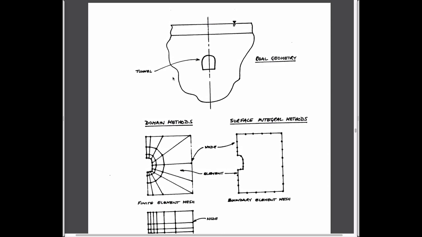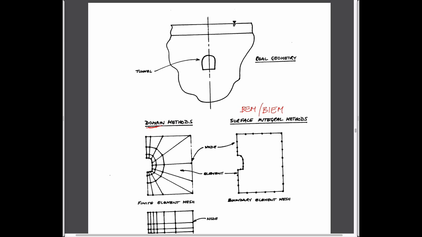I won't say anything about this because we already know what finite elements look like, other than to say that somewhere in your notes you'll also see some material that talks about boundary solution procedures, such as boundary element methods or boundary integral equation methods, versus what I would call domain methods.